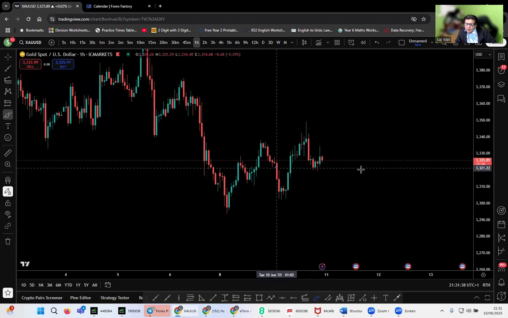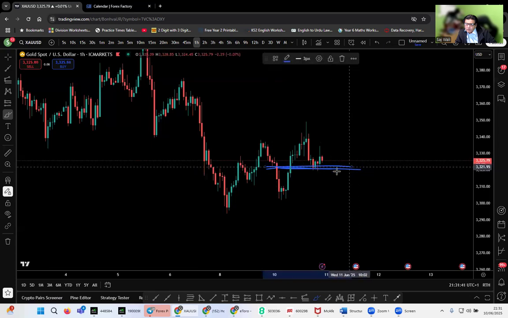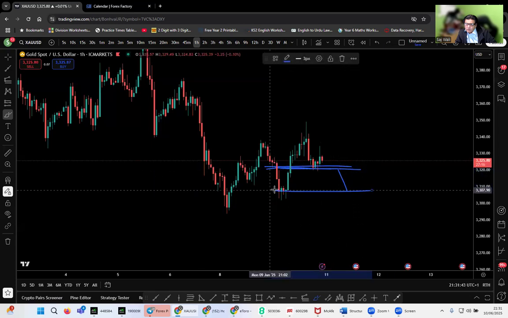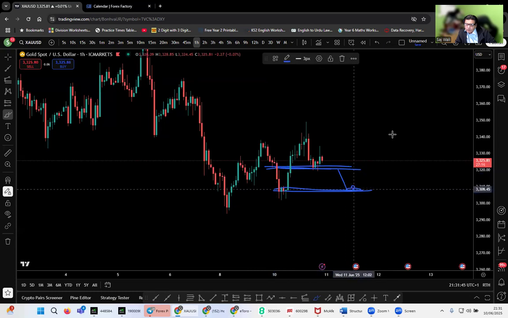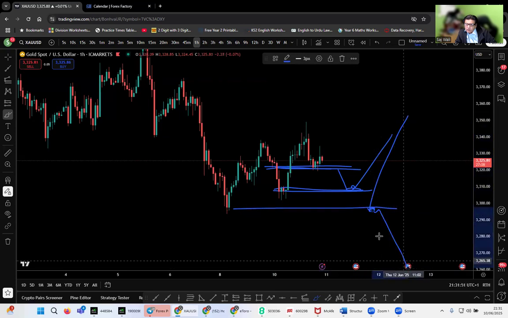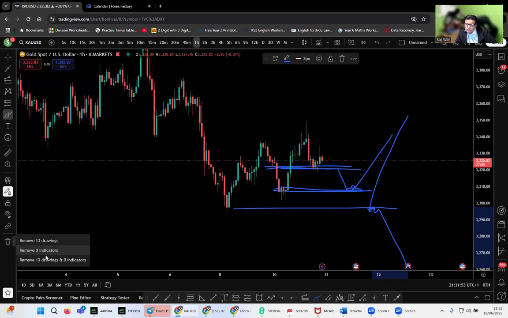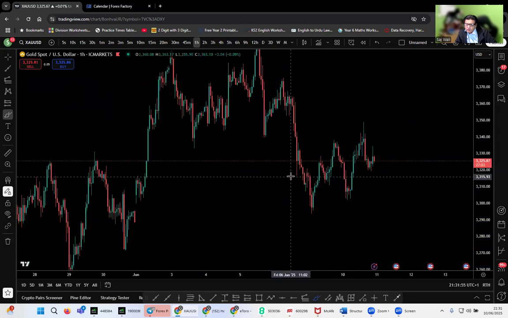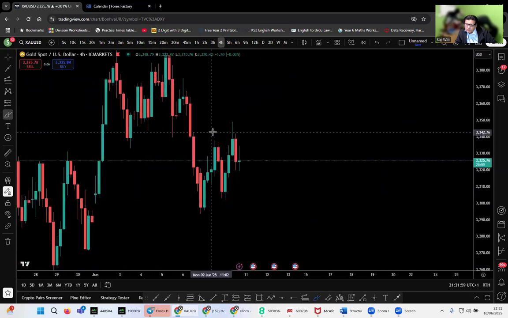From here now, we'll basically look for this break to the downside, and this fair value gap will be filled. Can we buy from here or buy from here? If not, then we'll sell on retest, which I don't think it can come that far down, but nothing is impossible in the market. We have to look for the evidence.